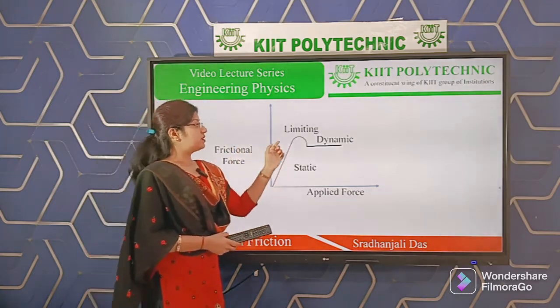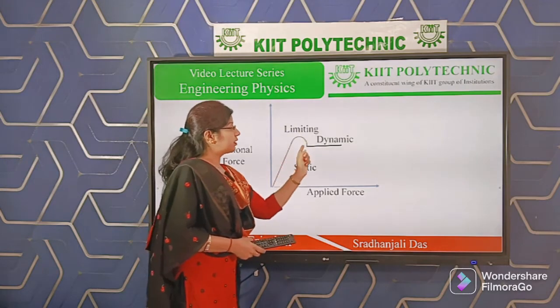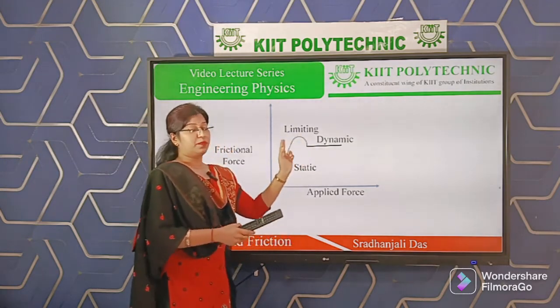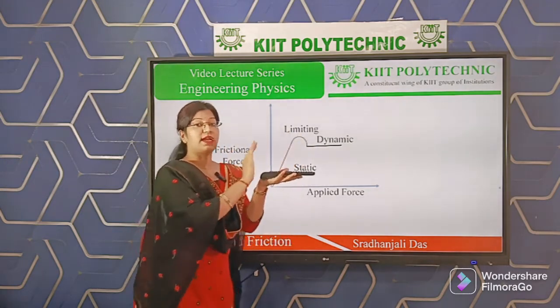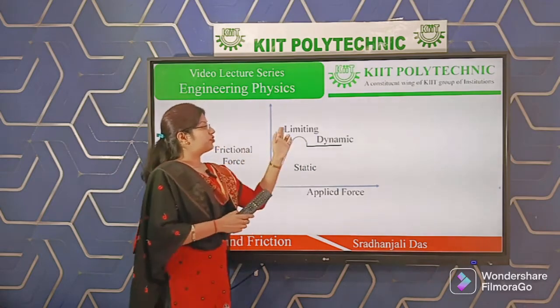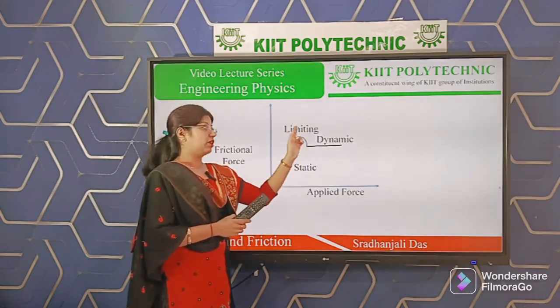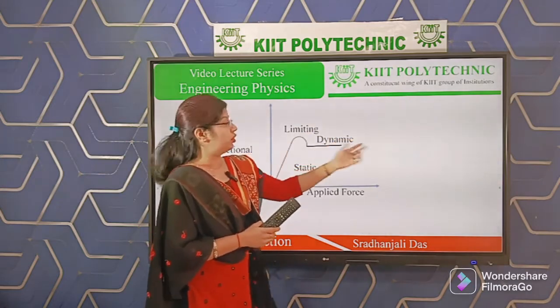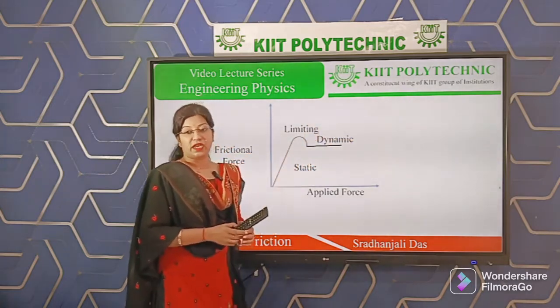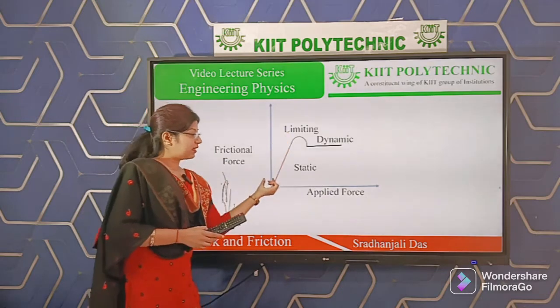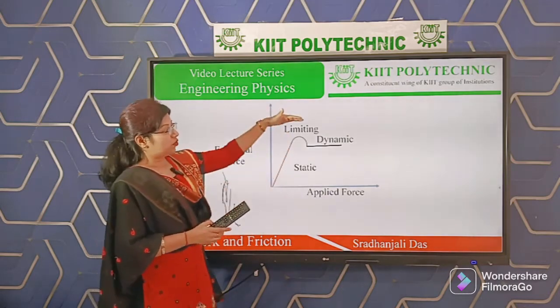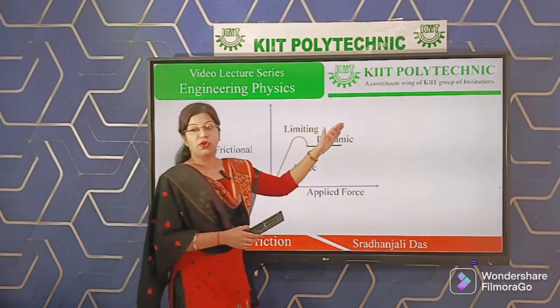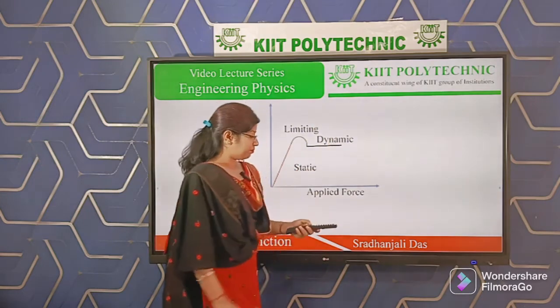And in this green portion, which is limiting, the motion just begins. So this friction is known as limiting friction. Then the body is in continuous motion, which is known as dynamic friction. So this is the static region, static friction. This is your limiting friction and this is your dynamic friction.